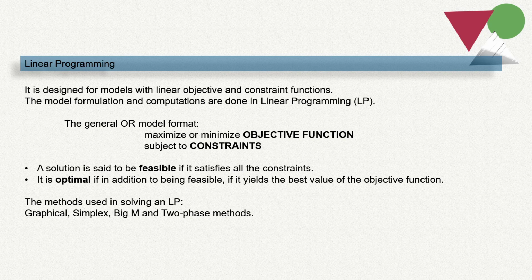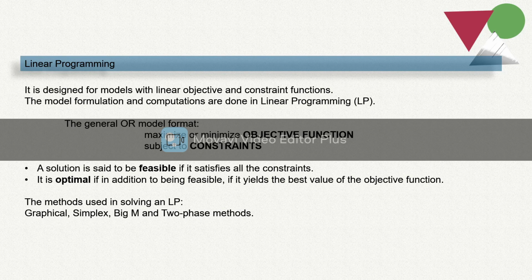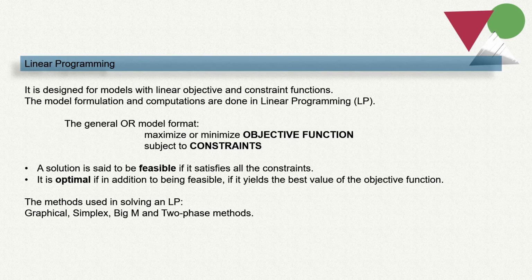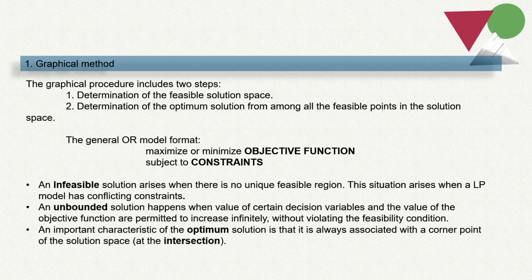A solution is said to be feasible if it satisfies all the constraints, and it is said to be optimal if, in addition to being feasible, it yields the best value of the objective function. The methods used in solving an LP are the graphical method, simplex, big M method and two-phase methods. We will be discussing them in detail.